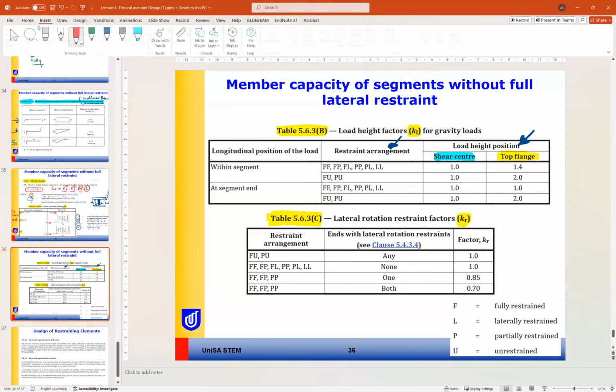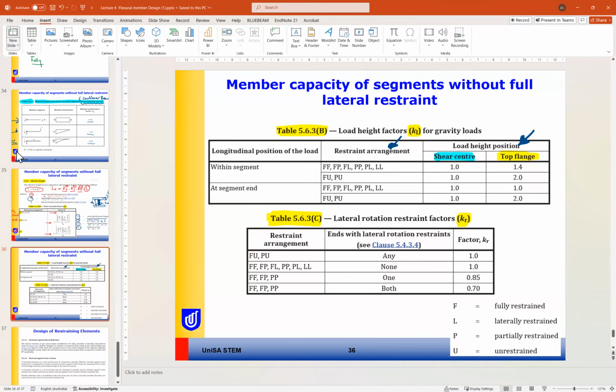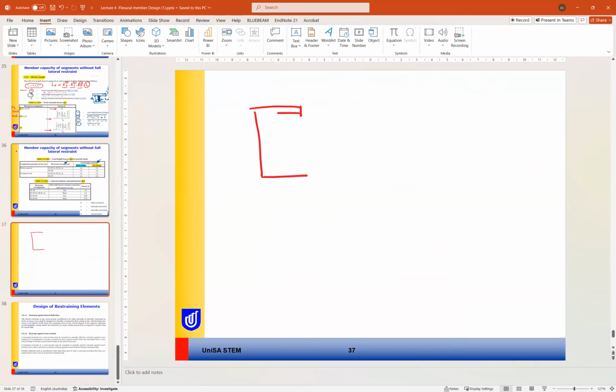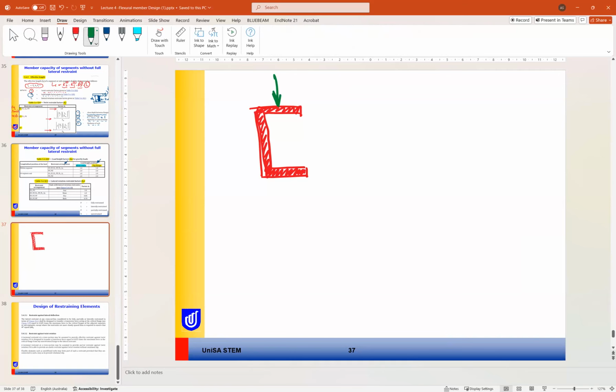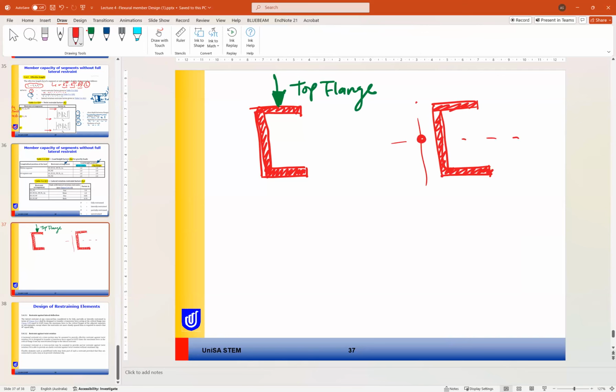For the open sections, the steel open sections, for example, let's do it with the flange. We can have the load applied over the top flange, or at the shear center.